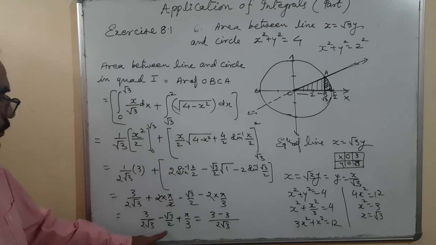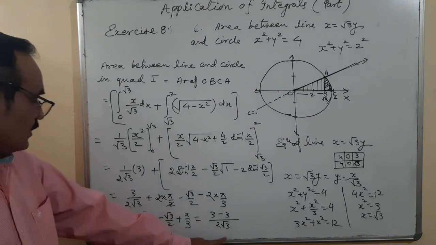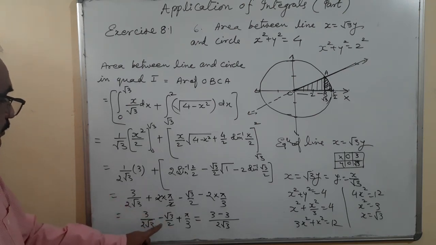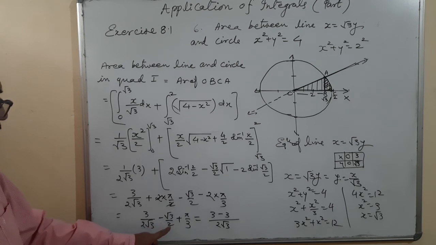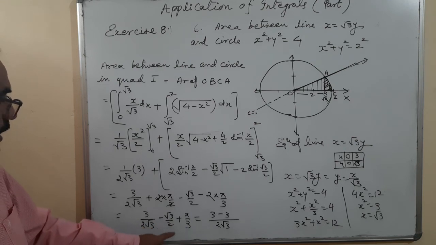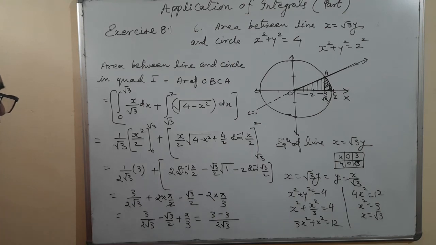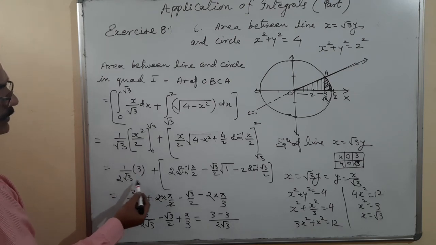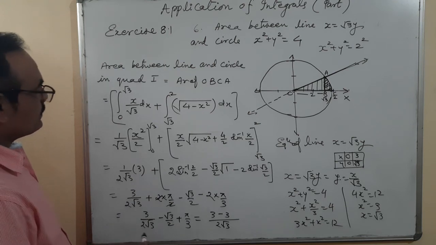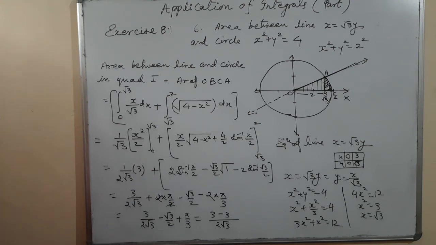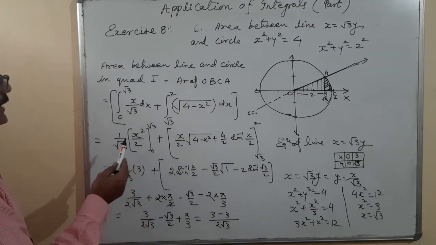So 3 upon 2 root 3, this is also root 3 by 2, and root 3 by 2 will be cancelled by root 3 by 2, but generally it doesn't happen in the question. Let us check it.